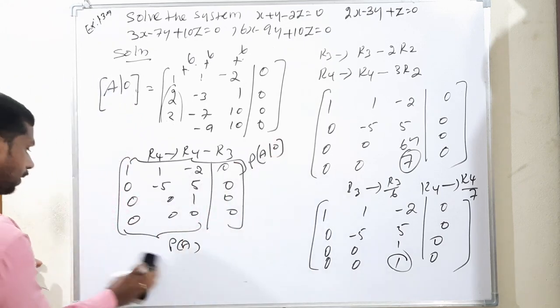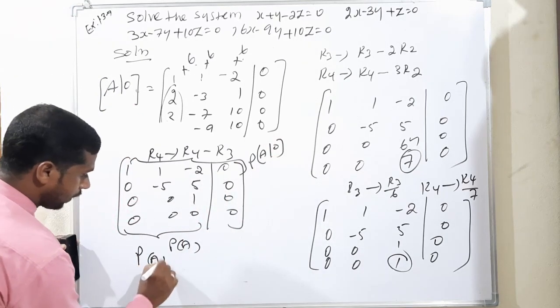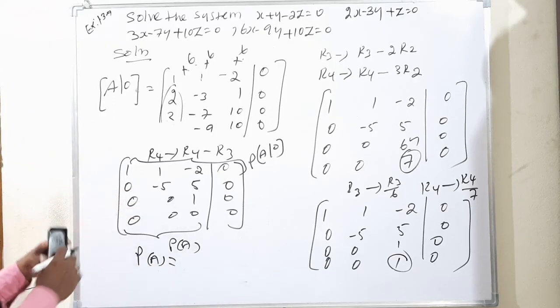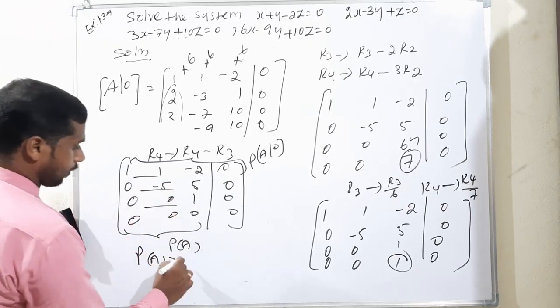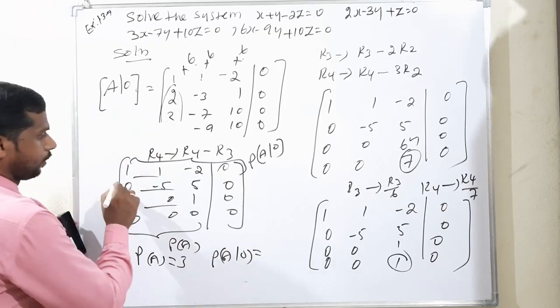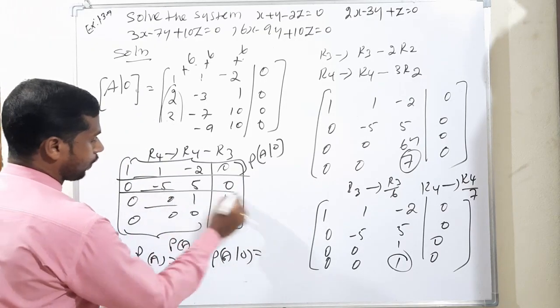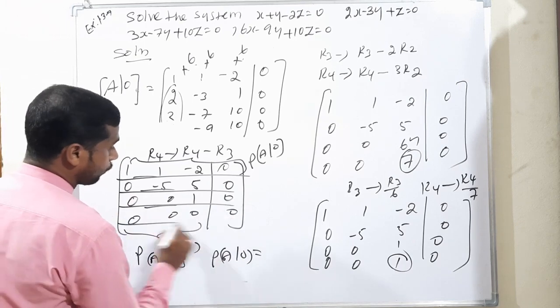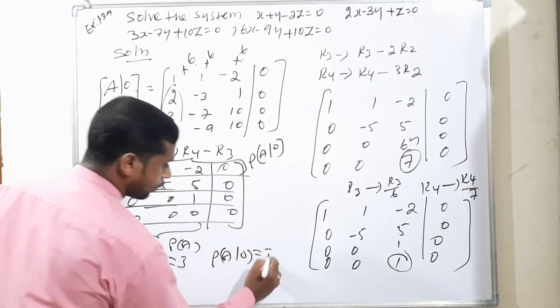So first we have to check it. Rank of A is equal to how many non-zero rows are there? 1, 2, 3 is there. Then rank of A with O also: look there, third row also non-zero, but fourth row completely 0 row. Here also 3 will come.